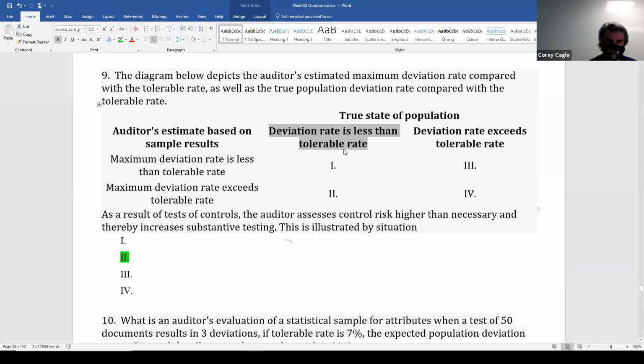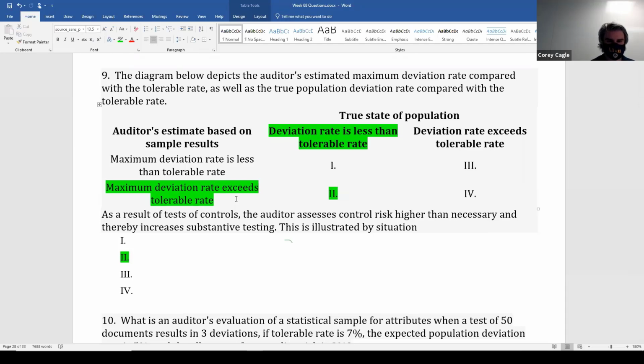That would be the good thing. But we screwed up and thought that the maximum deviation rate was more than the tolerable rate. That would cause us to assess control risk higher than we should.